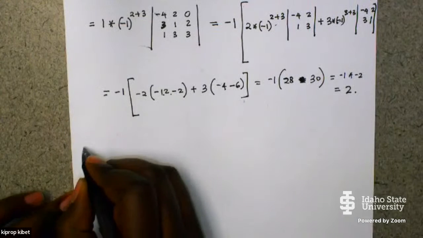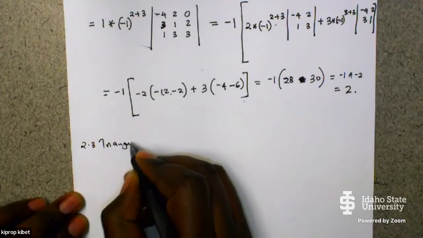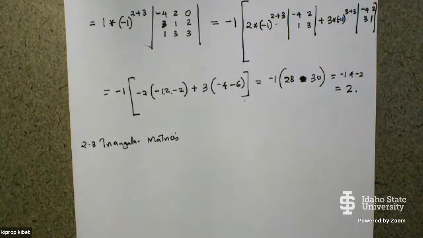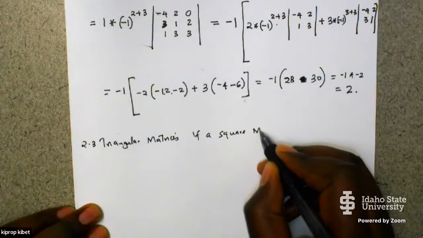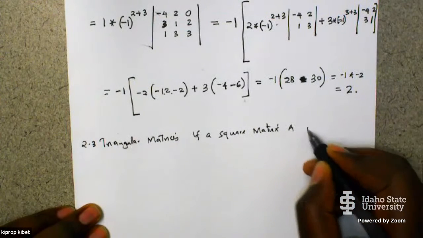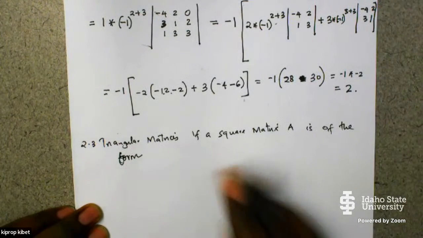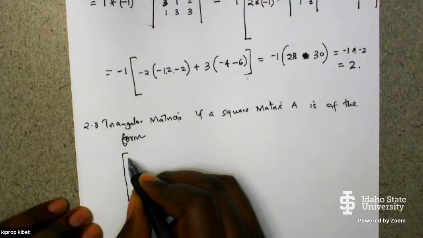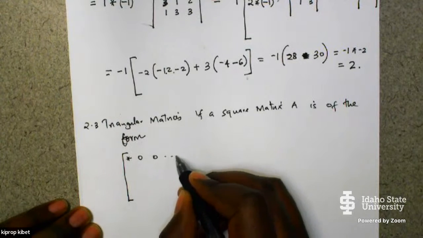Now, 2.3, triangular matrices. If a square matrix A is of the form, let's say here we have that value there, and then all these are zeros.